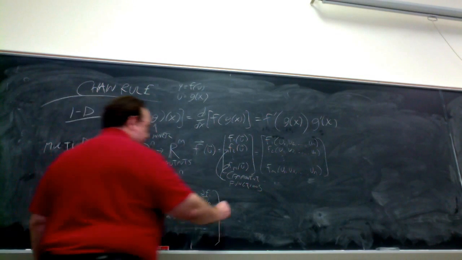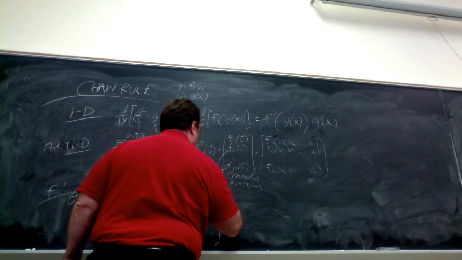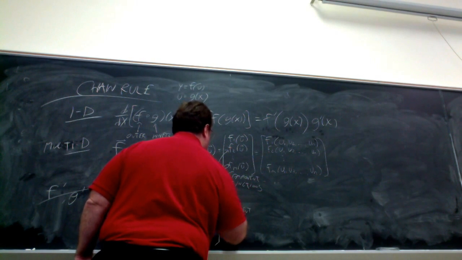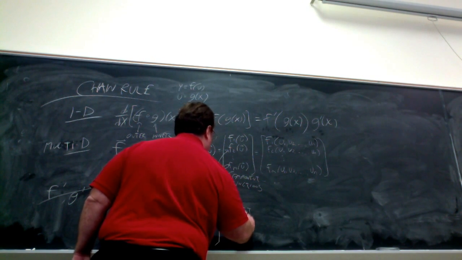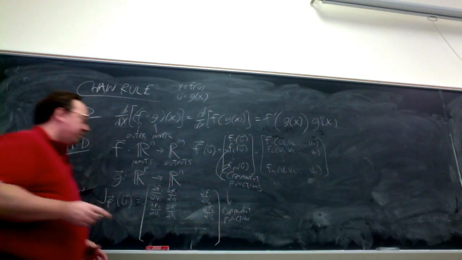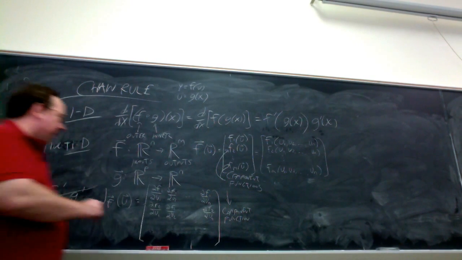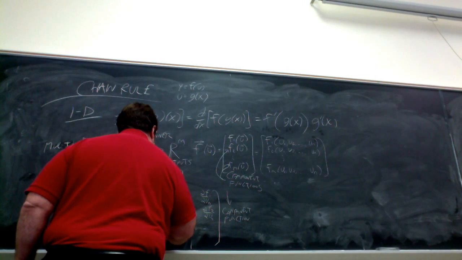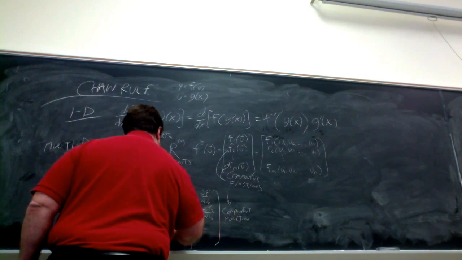So each row deals with a particular component function. First row is f1, second row is f2, and so on, all the way down to the last row, where I take the last component function, which is fm.